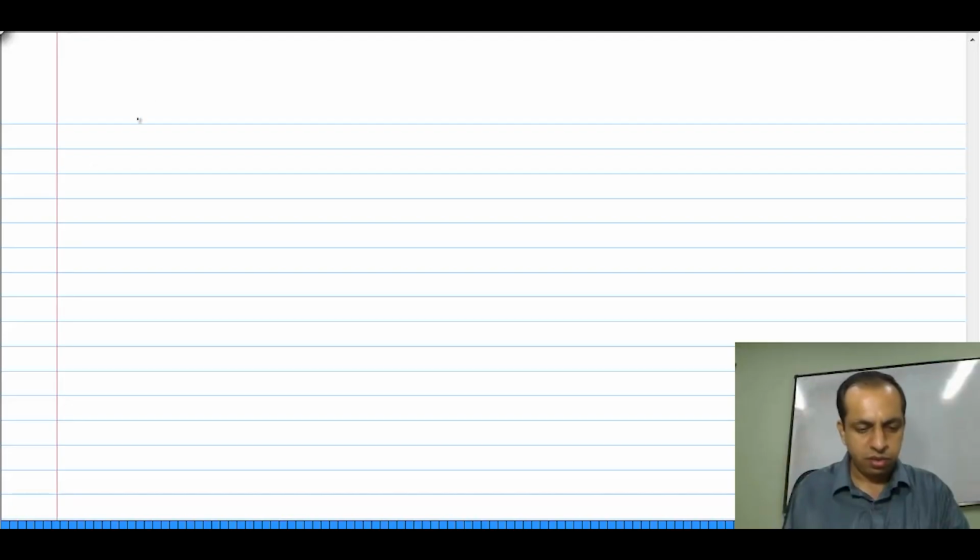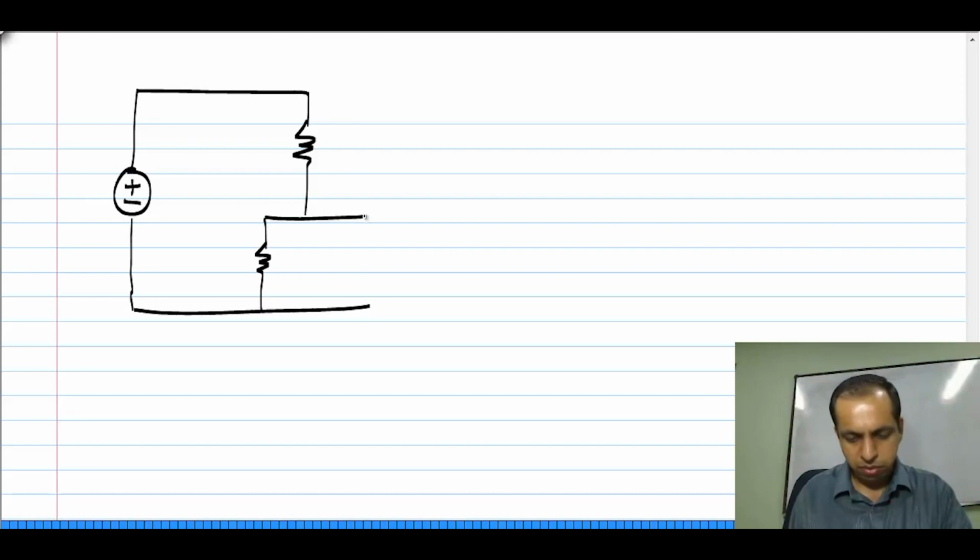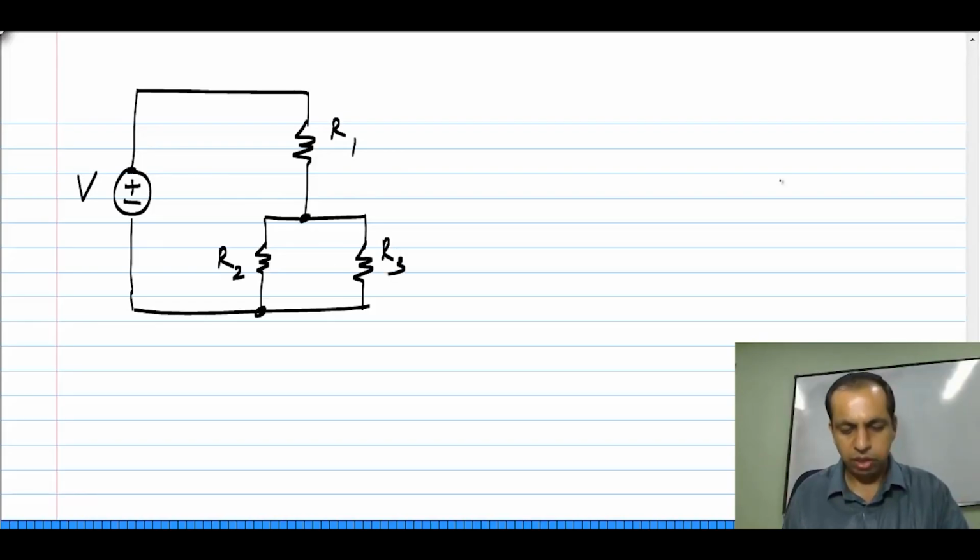Now, next we combine these two aspects together and form a circuit which looks like this. We have voltage V, resistance R1, R2, R3, and these R2 and R3 are in parallel.